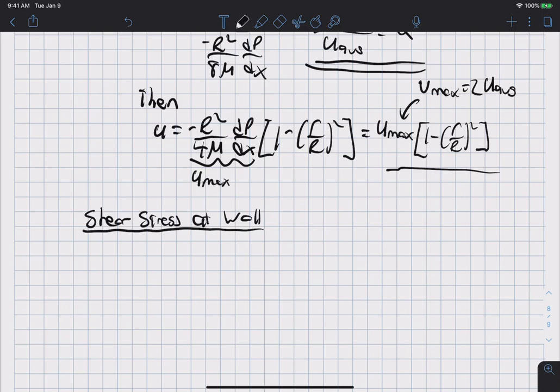Okay, so if I consider a free body diagram over a large section of the tube. So here's the tube.